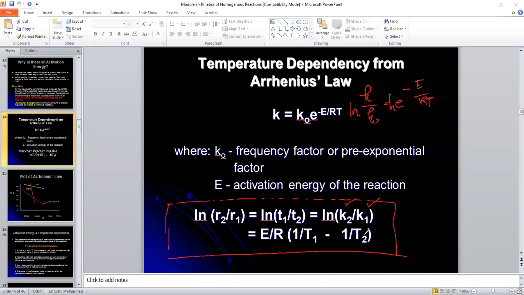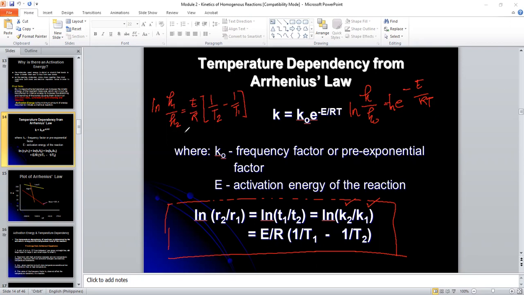So the main relationship between k and temperature is only this, the very simple relationship, k sub 1 over k sub 2 is equal to E over R times 1 over T sub 2 minus 1 over T sub 1. If it's 1 here, it should be 2 here. If it's 2 here, it should be 1 here. Because we made the ratio of E over R positive rather than negative as written in here.